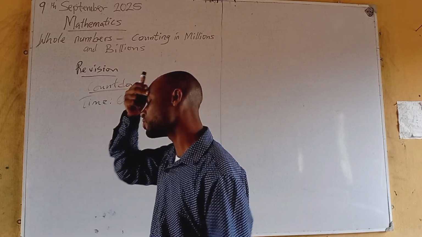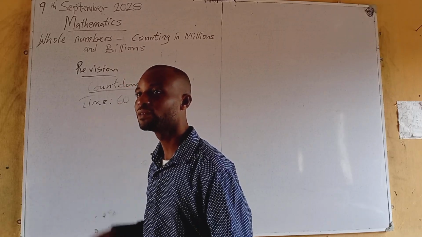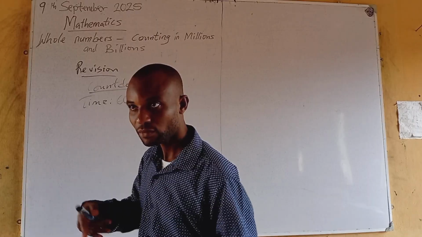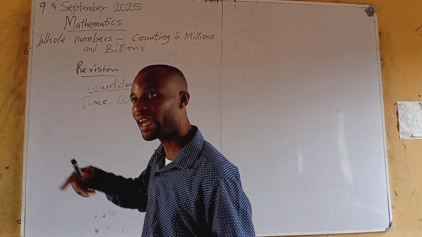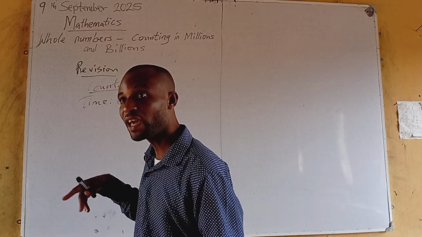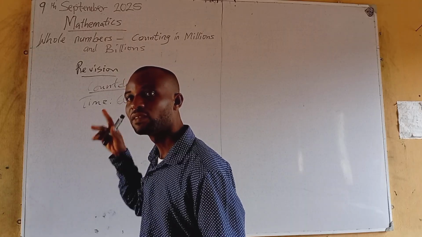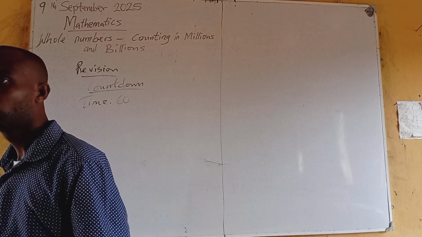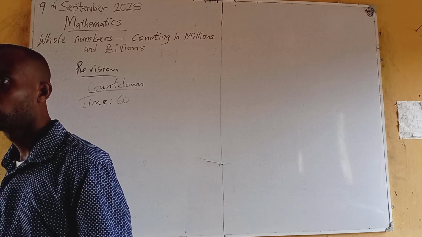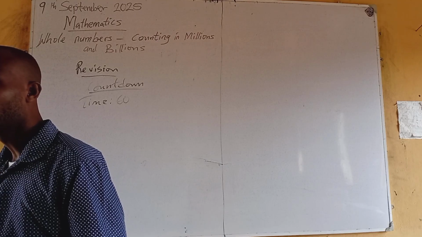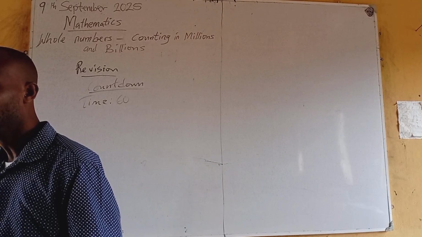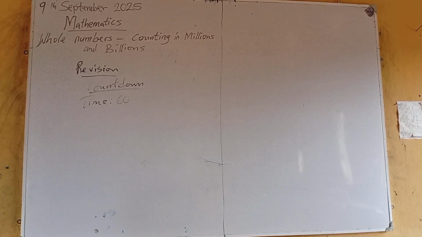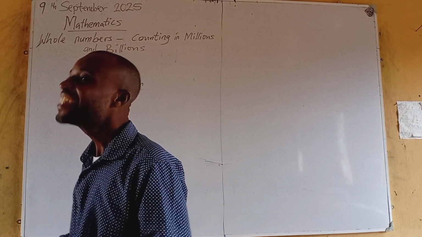Can we count down up to 0 seconds? Let's go. 60, 59, 58. Everybody. 54, 53, 52, 51, 50. You see.